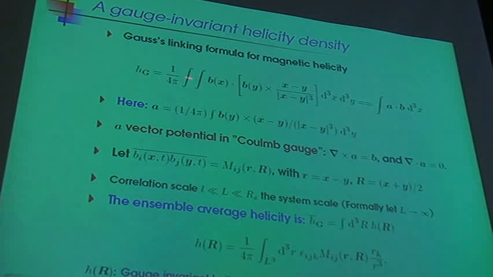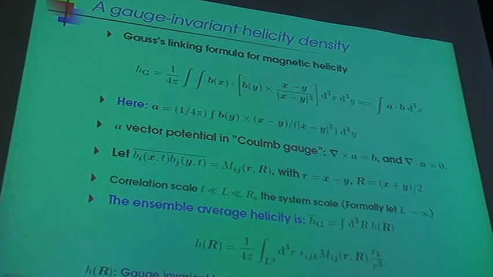Now suppose you take the average value of this helicity, let's say an ensemble average. Then you would pick up the magnetic correlation function here, B x, B y average.